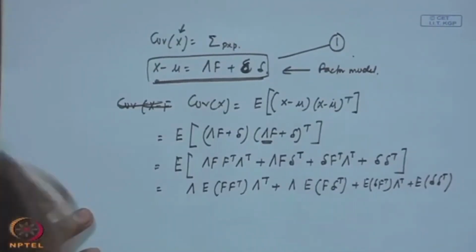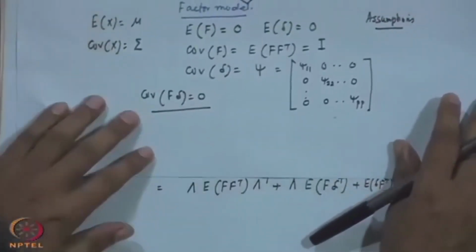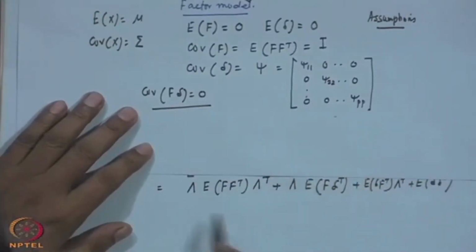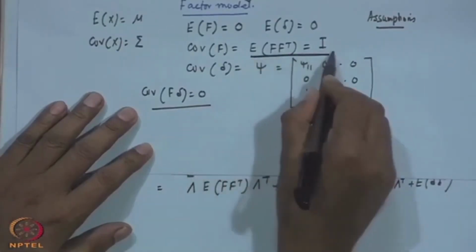Now, you have to see the covariance assumptions. Okay. So, I am putting the assumptions parallelly here. The assumption is expected value of f f transpose is I.